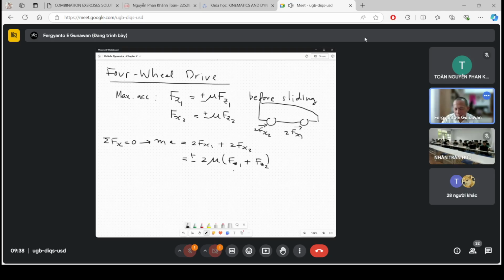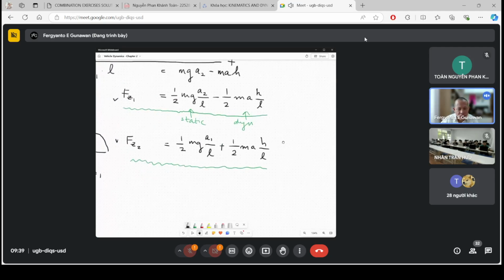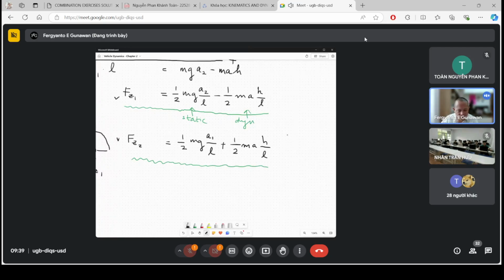If we take the terms Fz1 and Fz2, as in the previous section we show that they cancel out, and as a result you're going to have this, right?